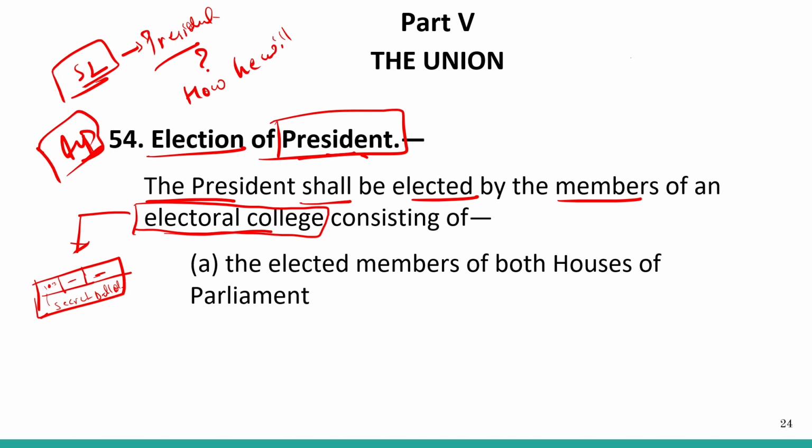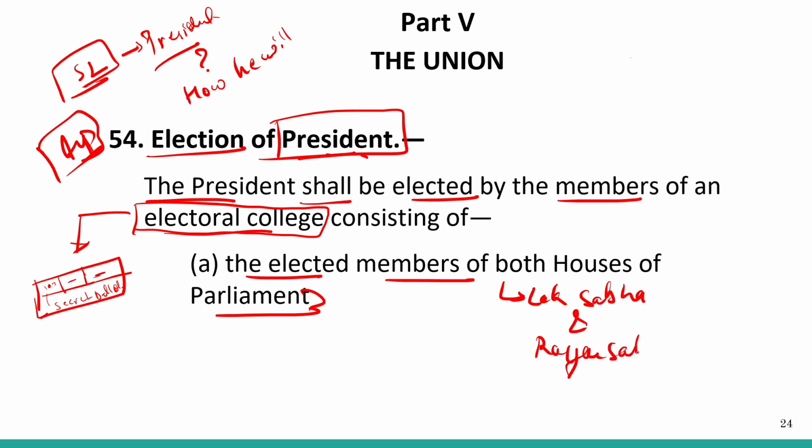But who will all be the members of the electoral college? Let's try to understand it. The first one will be the elected members of both the houses of the parliament. As we have just discussed, both the houses means the Lok Sabha and the Rajya Sabha. And when we talk about elected members, what do we understand by elected members here? Members who have been chosen by the people who are actually governing.